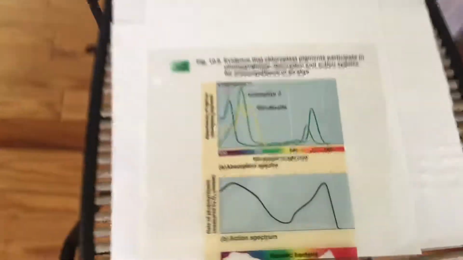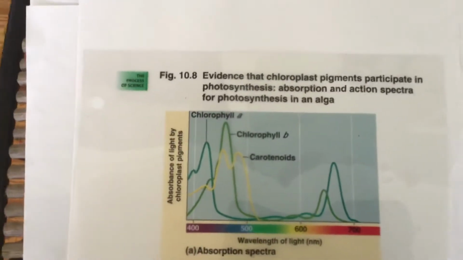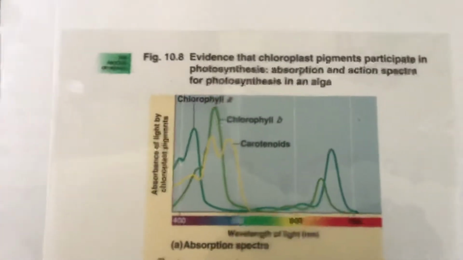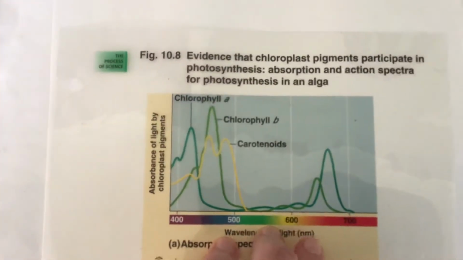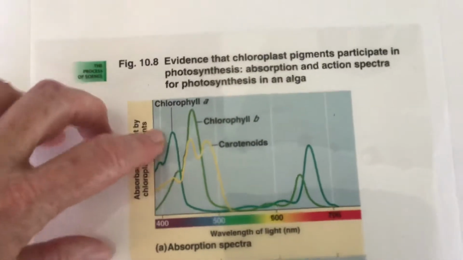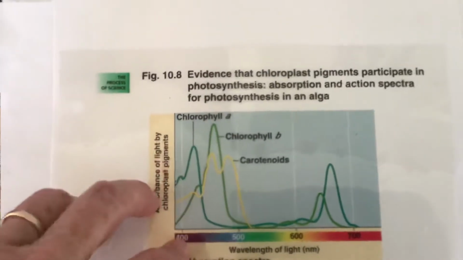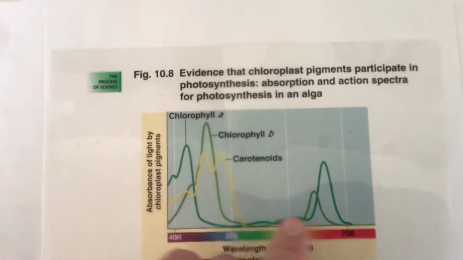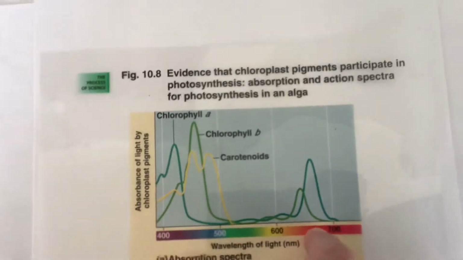On this diagram, it's just showing you the carotenoids lumped together, all right? What this is showing you are the wavelengths of light absorbed by the different pigments. You can see that chlorophyll A is absorbing in the purple-blue region, and it is also absorbing in the orangey-red region over here.